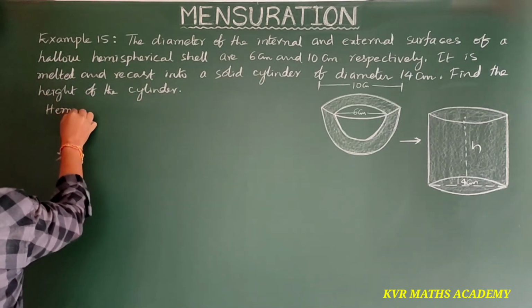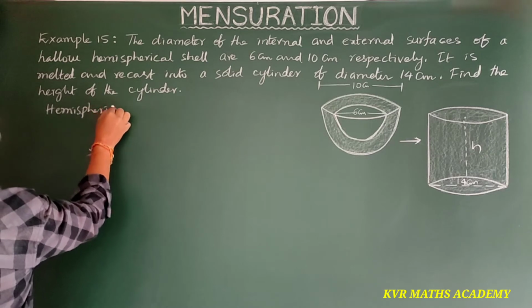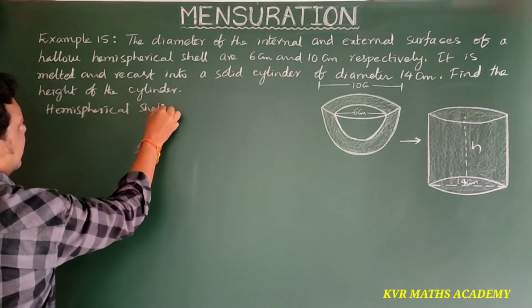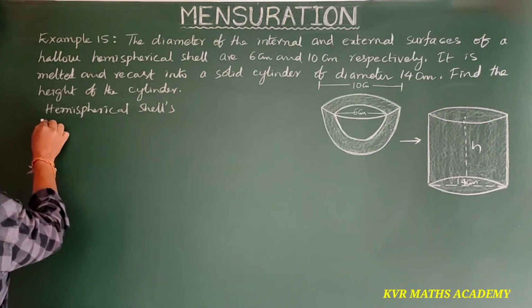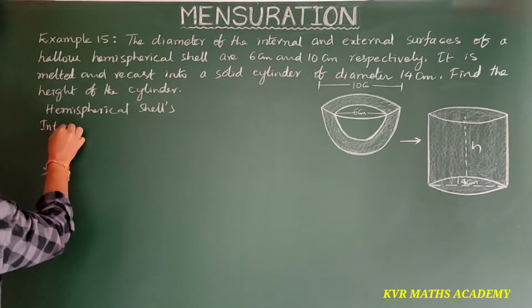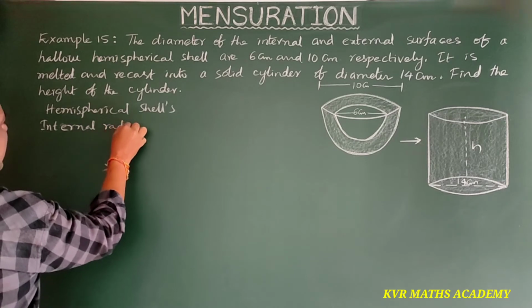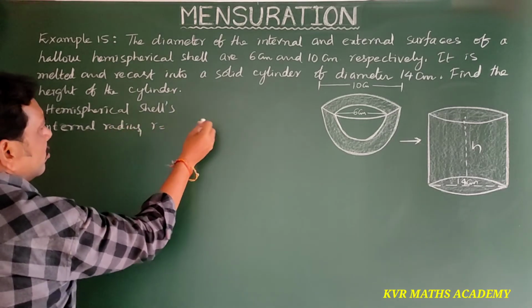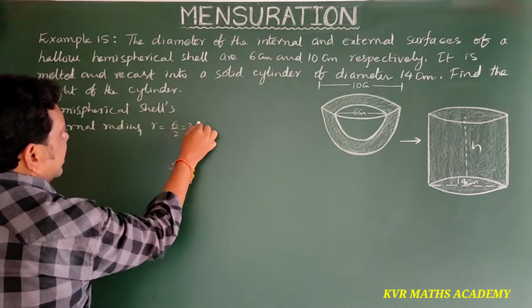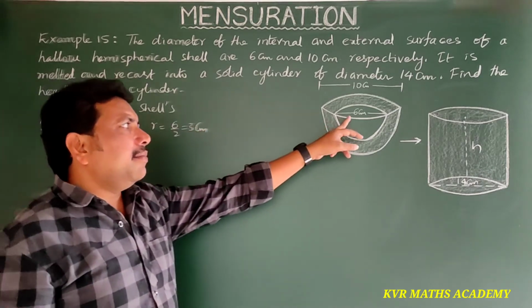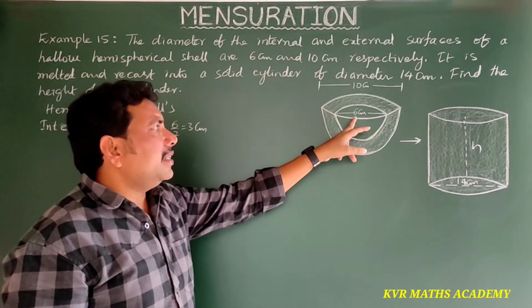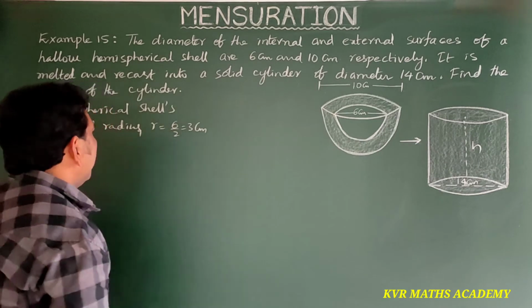Hemispherical shell. See, internal radius r is equal to 6/2. This is 3 centimeters. The internal diameter is 6 centimeters, so the radius is 6/2, 3 centimeters.